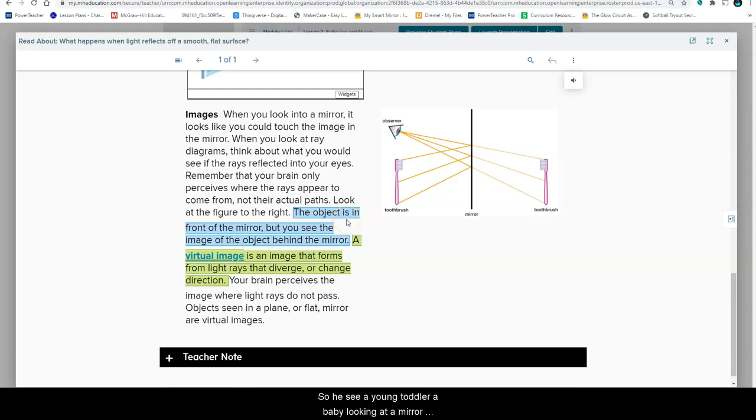So if you see a young toddler, a baby looking at a mirror, maybe different dogs, cats, other animals, when they look at the reflection and they see something, they tend to look behind it. Because you know there's a reflection from the mirror next to you, behind you, at a different angle, but it appears as if it would be behind the mirror as far as depth.